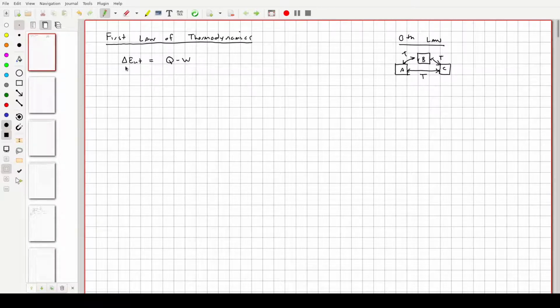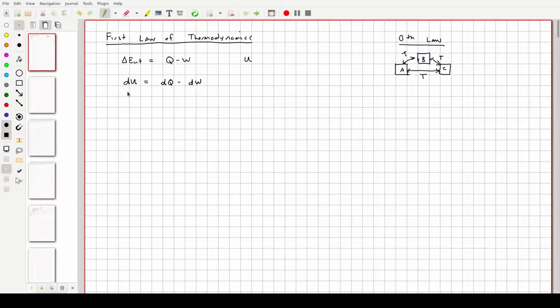To date, your book is the only one that I've ever seen that uses this particular syntax for internal energy. Typically, U is used for internal energy. So the way we would normally write this law from a differential standpoint, which is the most common way that you see this used, would be that dU is equal to dQ minus dW.